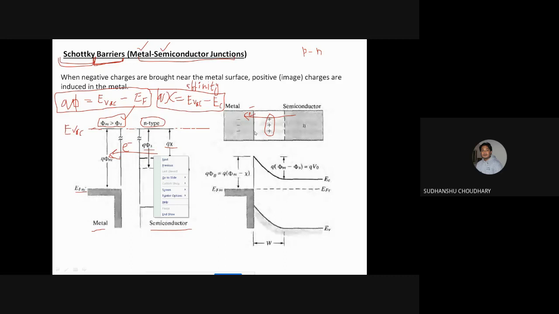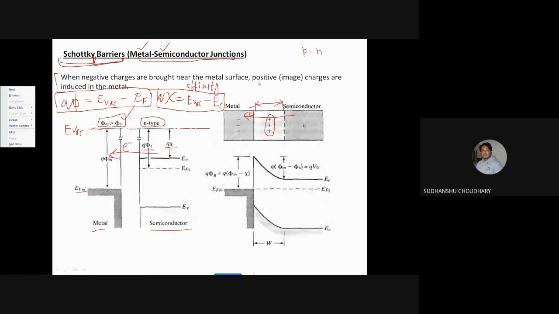One can relate this to another thing: when negative charges are brought near the metal surface, positive image charges are induced in the metal, or when positive charges are brought near the metal surface, negative image charges are induced on the metal side. So that way also it could be understood. Now we have two different charges on both sides of the junction, and we also have a depletion region on the n side. This is important to note: a depletion region is also created on the n side.